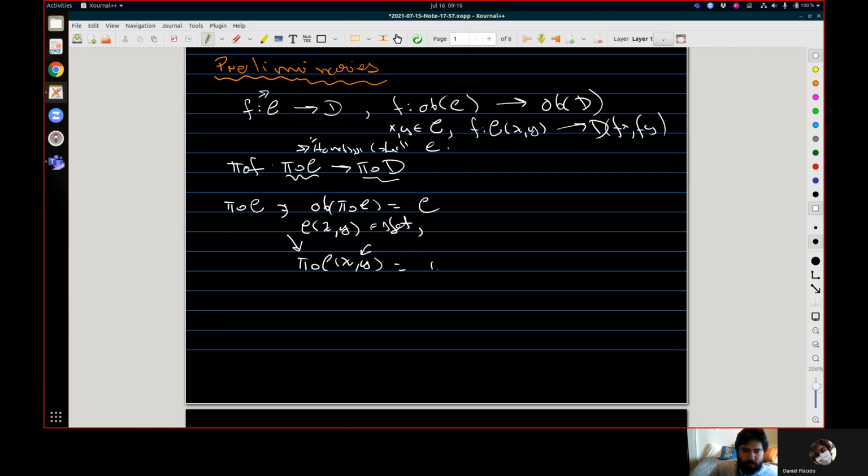So this equals π0 of the hom complex, which by definition equals the set of zero simplices quotiented by the equivalence relation given by the edges of the complex.